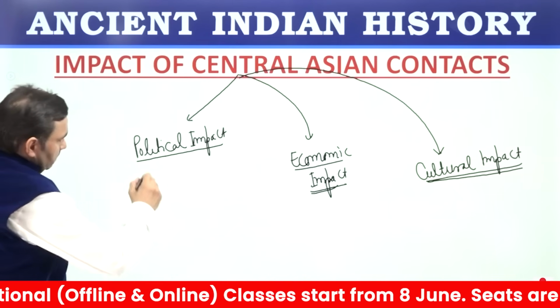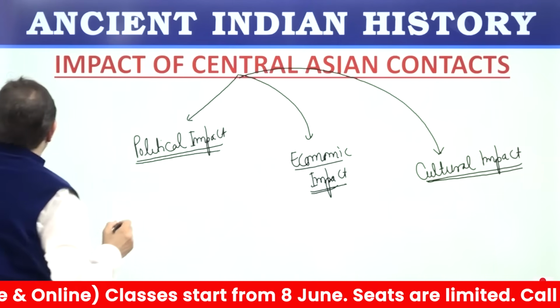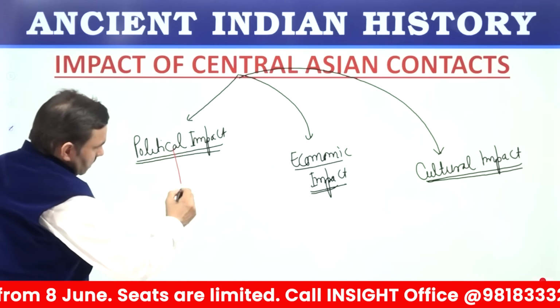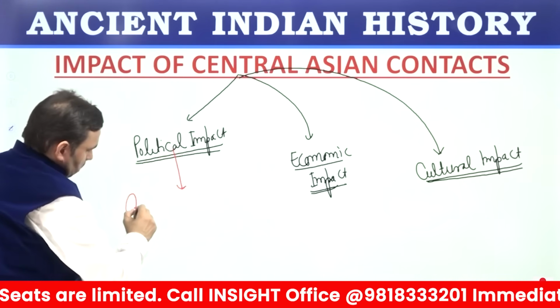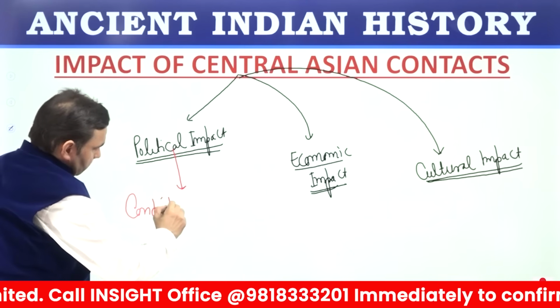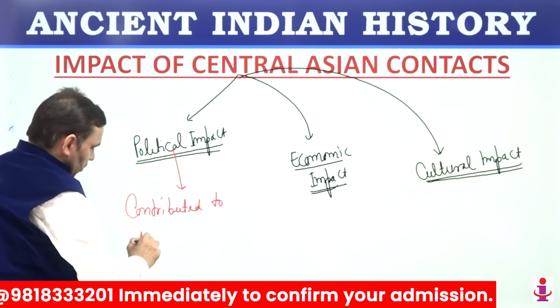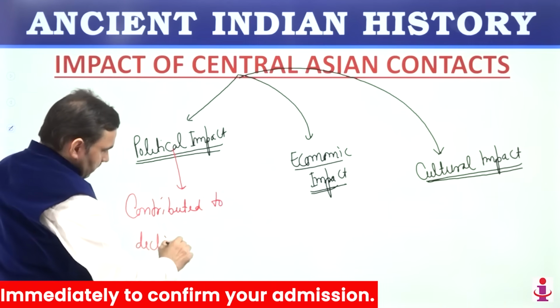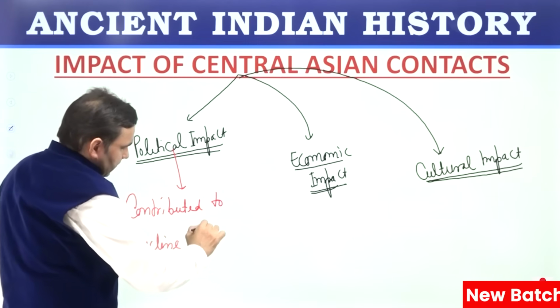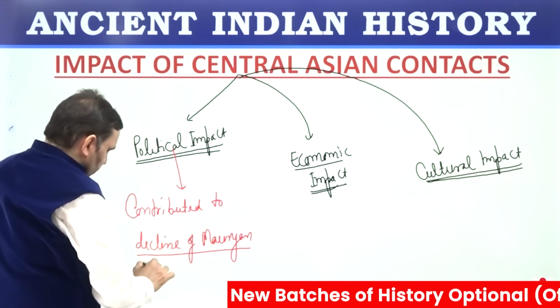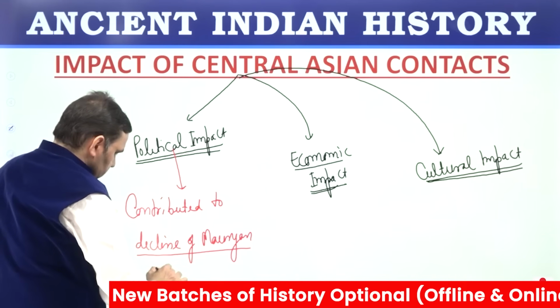So what was the political impact? Mostly on the negative side, it contributed to the decline of the Mauryan Empire. The Mauryan Empire could not succeed against these foreign invaders or Indo-Greeks. The Mauryan Empire declined.